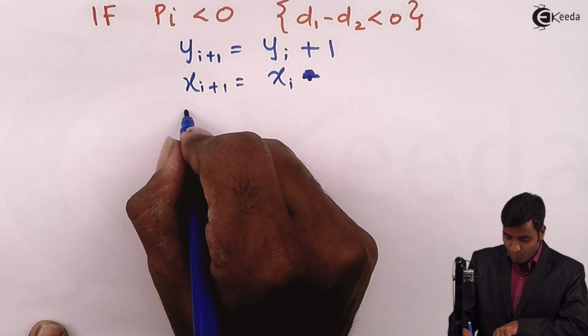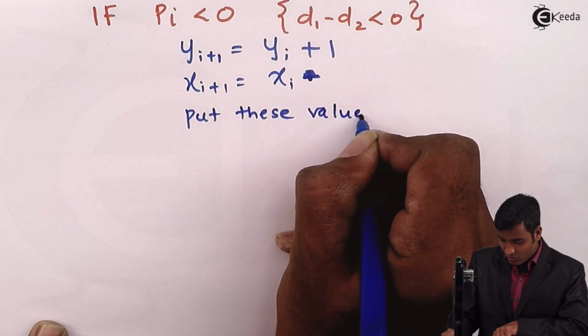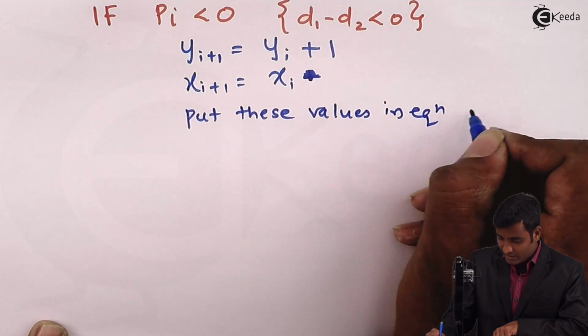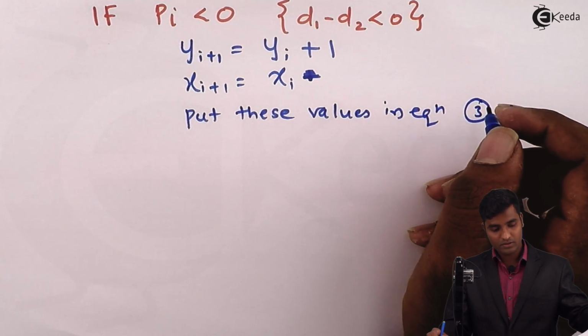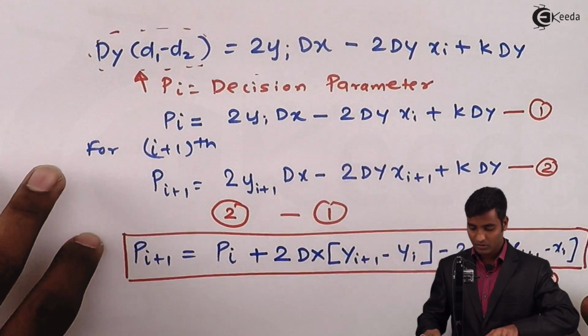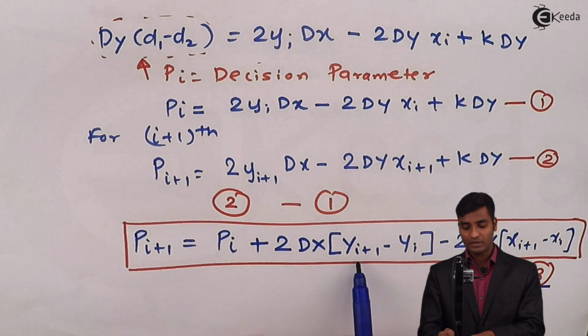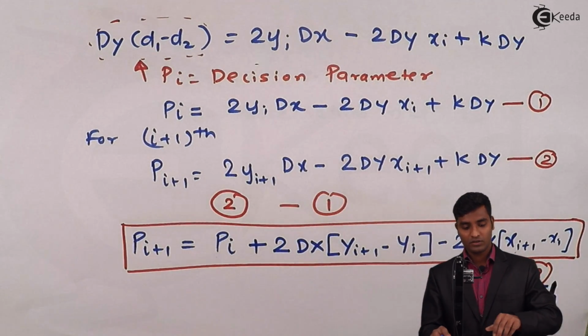So now I will put the values of yi plus 1 and xi plus 1 in equation 3. So I will replace yi plus 1 and xi plus 1 in this equation.